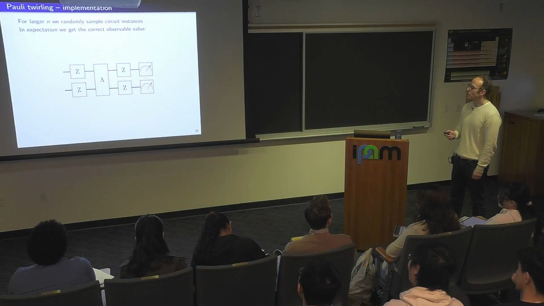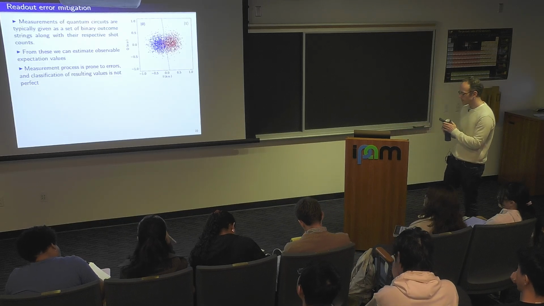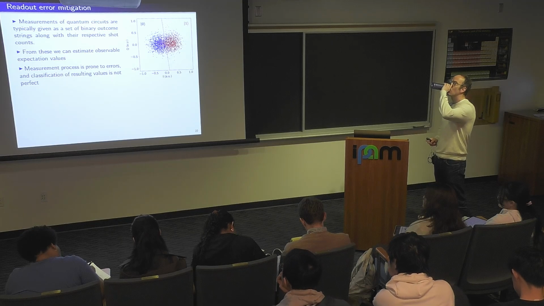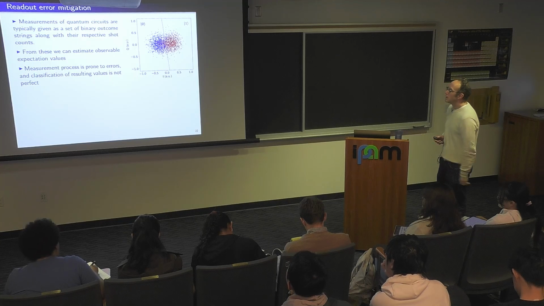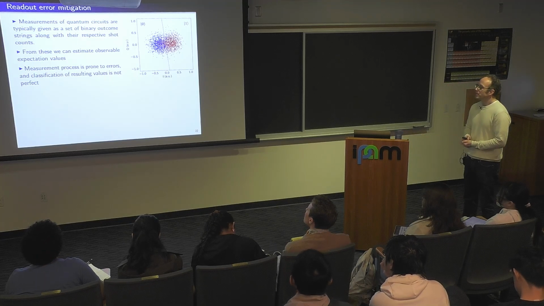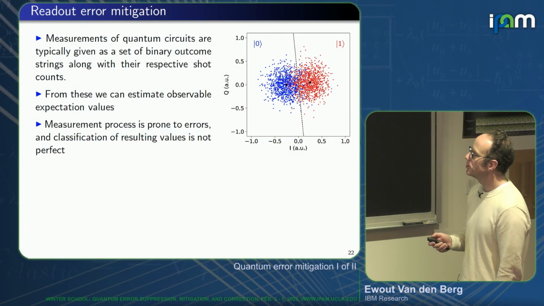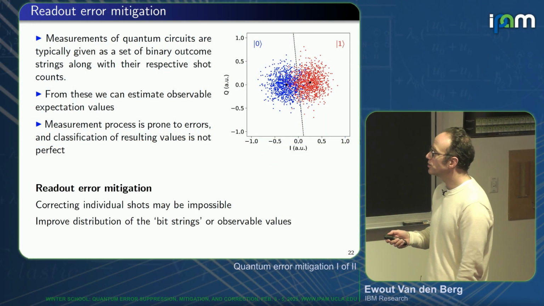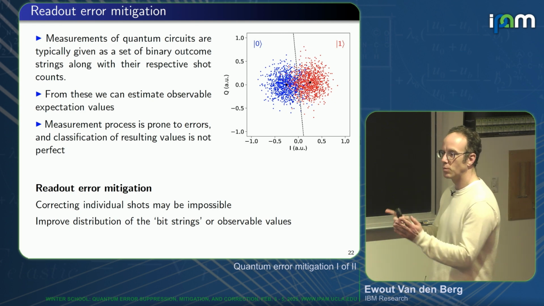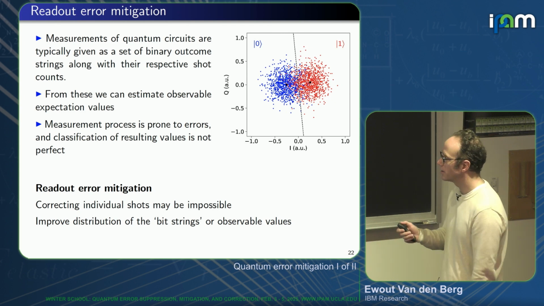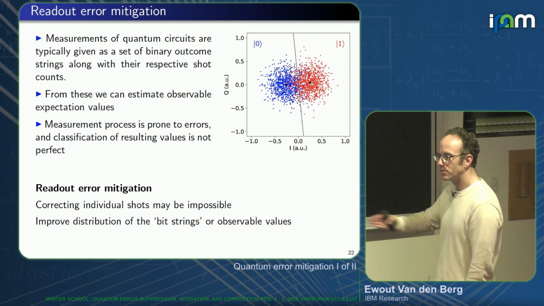Okay, so let's move on to readout error mitigation then. As I mentioned in the introduction, the measurements of the quantum circuits are usually given as some binary outcome string, just 1, 0, 1, etc. If you measure several, along with the shot count, you just do a lot of runs.